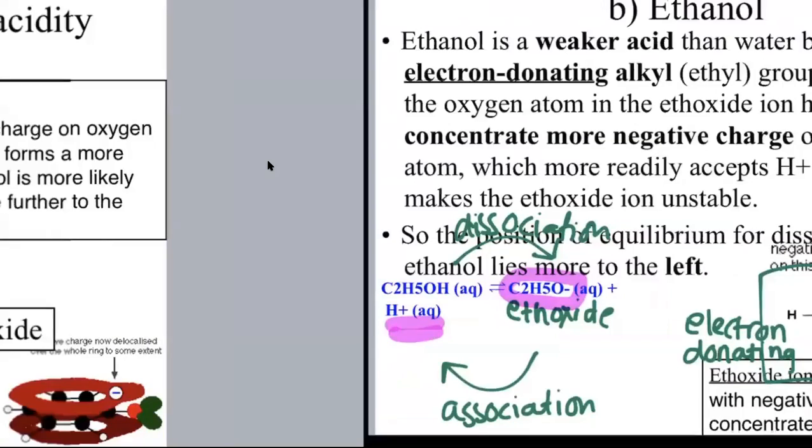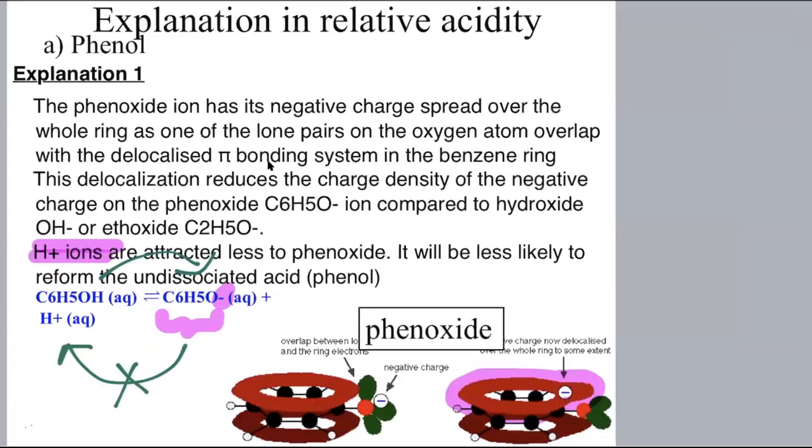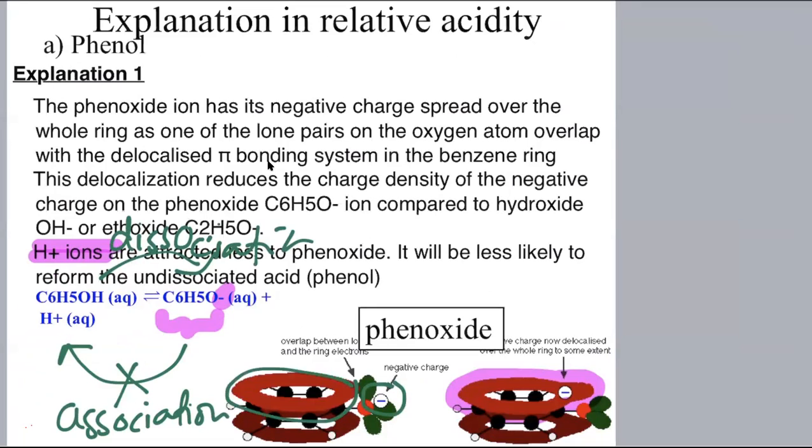Okay? Phenoxide ion. Same idea. Forward is dissociation, and reverse is association. Remember, the forward reaction is the one that determines the acidity. So this time the negative charge is not as strong on the oxygen because the negative charge is being distributed throughout the whole molecule.